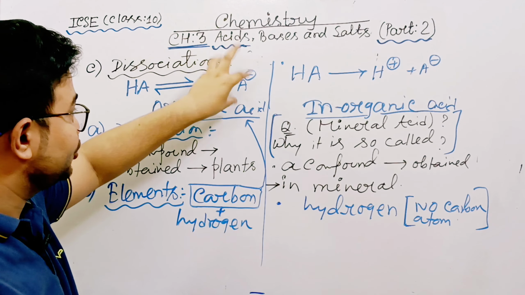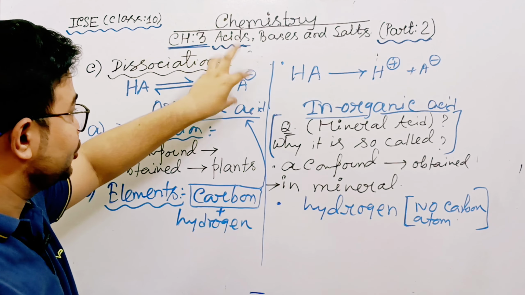The examples of organic acid is CH3COOH, already told at the first of this video, acetic acid. Acetic acid, there is both hydrogen as well as carbon.